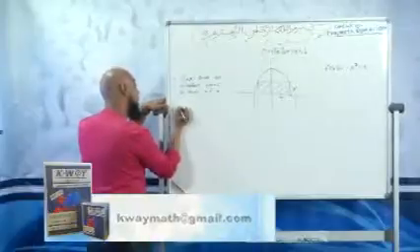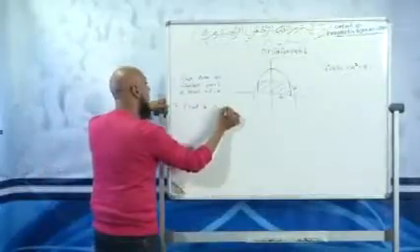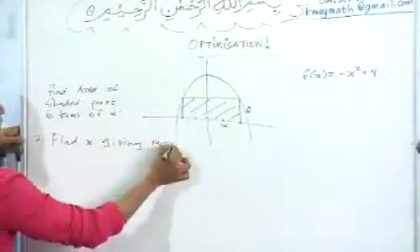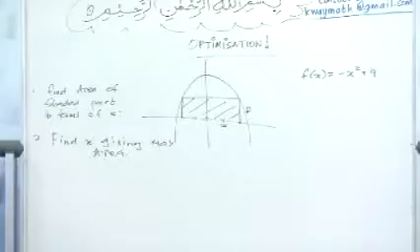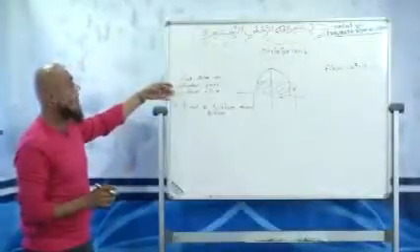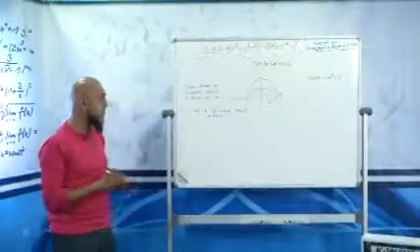That's the first question. Number 2, find x giving maximum area. Those are the 2 questions that are asked. Probably the first one is worth about 3 to 4 marks, the next question another 3 to 4 marks, 8 marks on that one question.